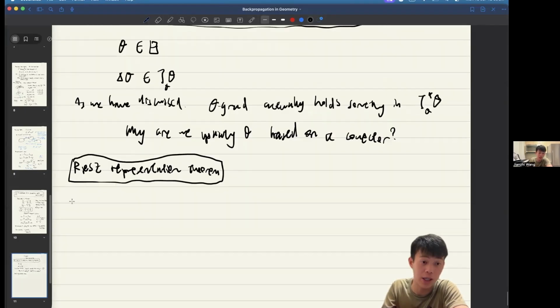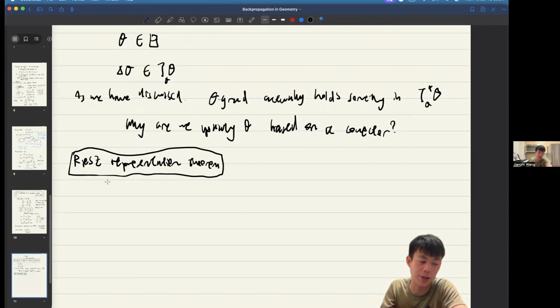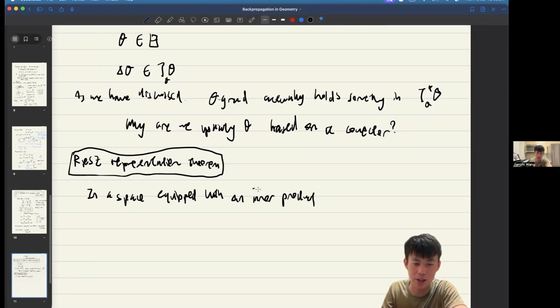theorem. In Riesz representation theorem, from an applied mathematician's perspective, it is saying in a space equipped with an inner product. I'm missing a lot of criteria by choice, right? Because I don't want to cloud this definition. But a space equipped with inner product, our typical space Rn, right?